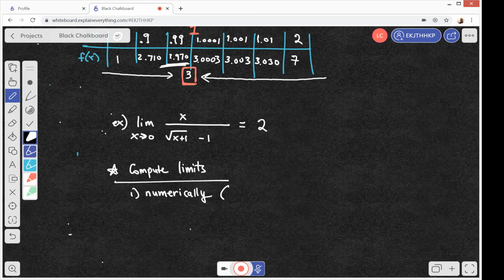So basically, we were using a table. Number 2, we looked at limits with a graph. It's kind of nice having that picture, right? And number 3, which is our next lesson, how to find limits algebraically, using algebra.